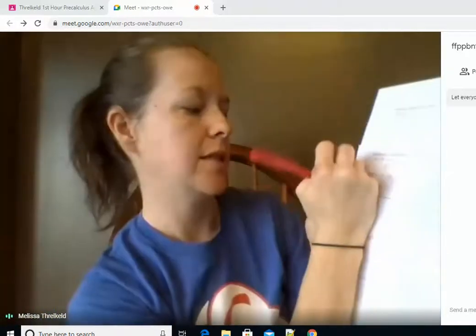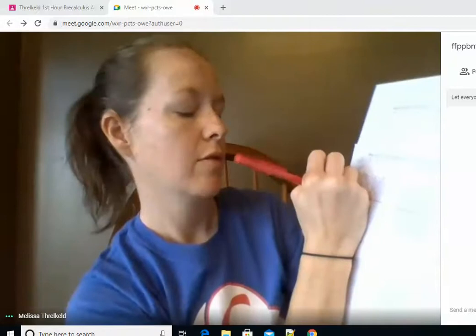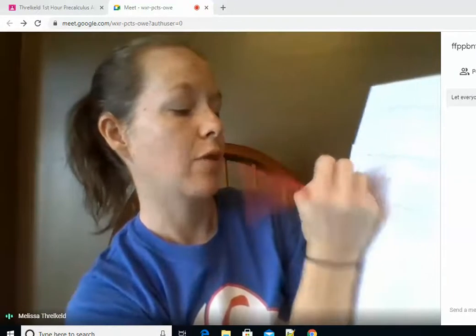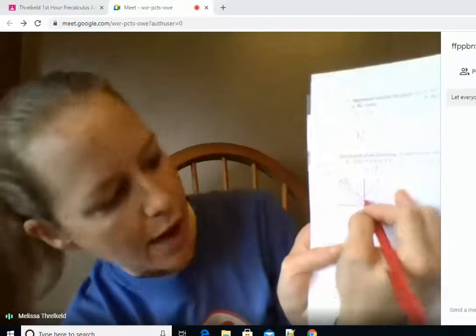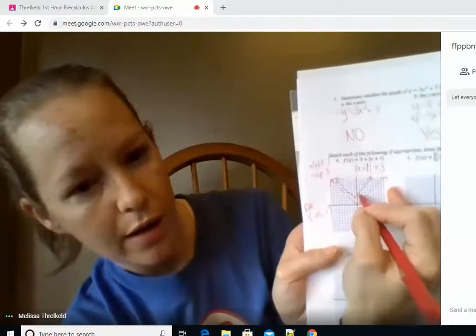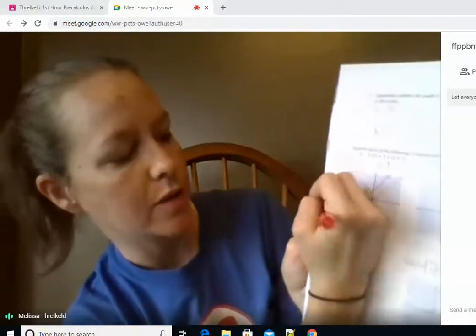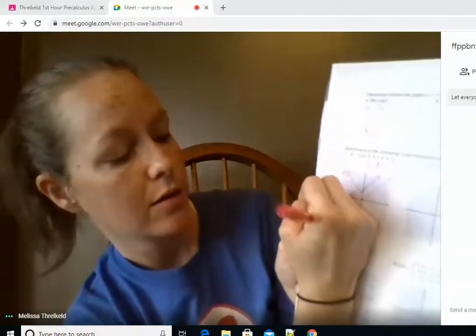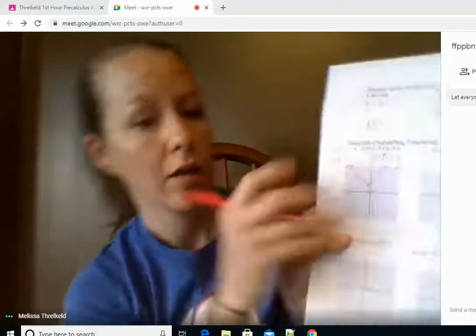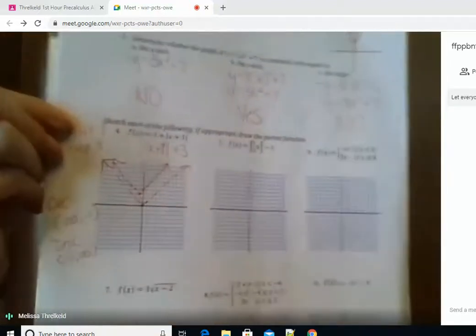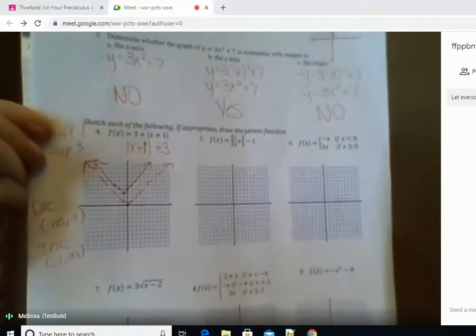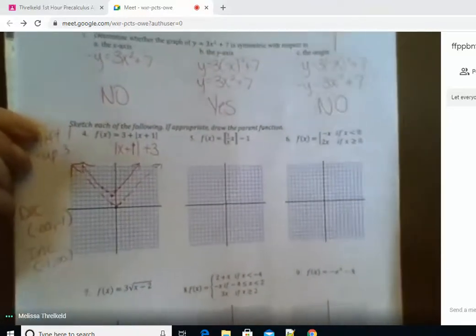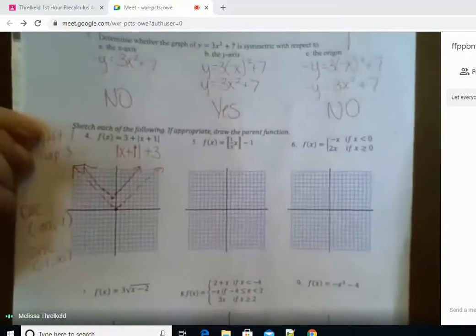Right, it's decreasing from negative infinity to -1. And then starting at -1, it's going up, so it's increasing from -1 to infinity. Remember, if you're writing those intervals, you list the x values. The only time you use y values in an interval is if you're setting up the range. Otherwise, we always go with the x.